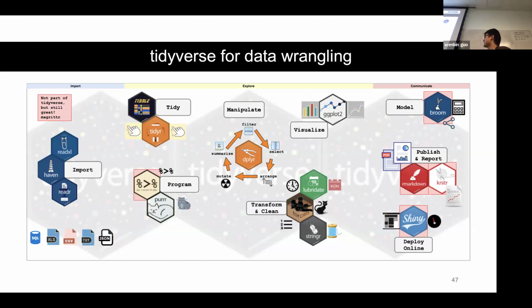For example, R Markdown, which we just mentioned, actually comes from a package. And if you want to create a website, like a data portal, you can consider using Shiny. Sometimes it's really useful to have this documentation, so that everything you wrote, other people can directly see from your code.